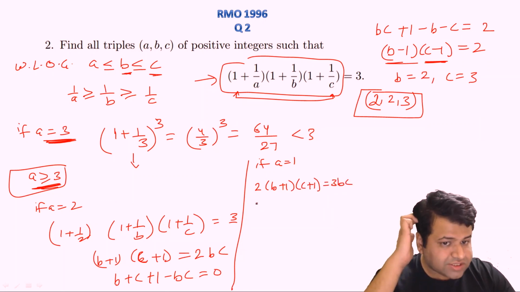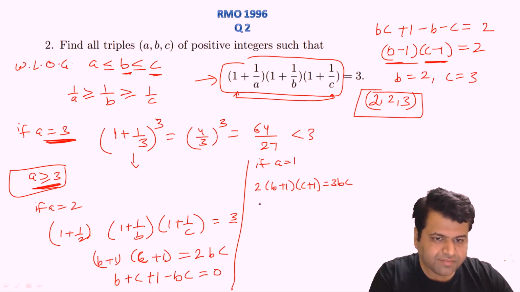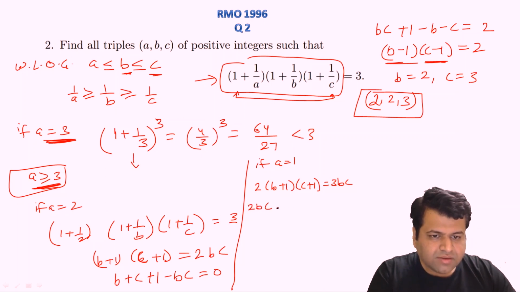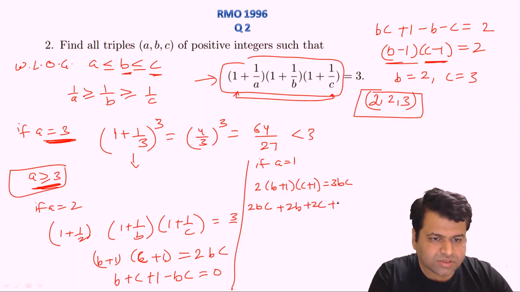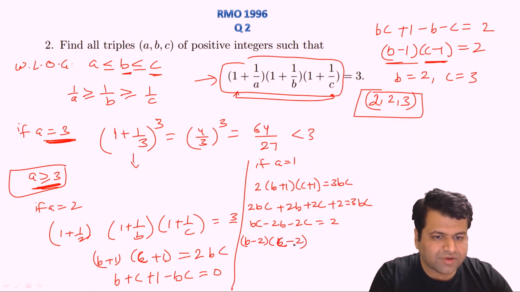So if we solve this, we will get 2BC plus 2B plus 2C plus 2 equal to 3 times BC, or we can say BC minus 2B minus 2C equal to 2, right? So we can write (B minus 2) into (C minus 2) that will become 4, and 4 plus 2 will be 6, right?